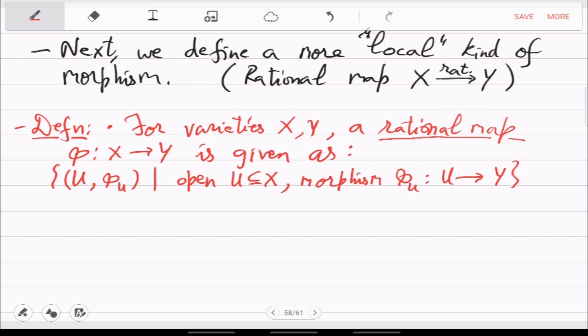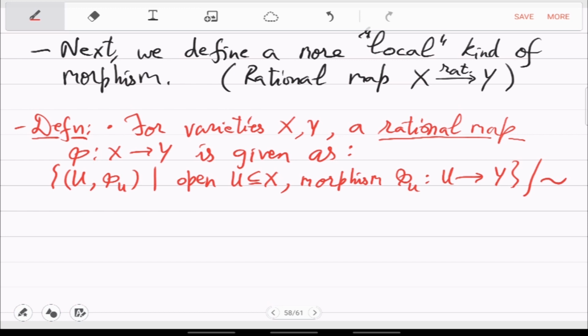And yeah, this set may be too big because the open set U may have a subset which is also open, like U prime and so on. So we want a notion to compare there. So we mod it out by the equivalence relation with the understanding that if phi U and phi U prime are the same on U intersection U prime, then we call them the same.